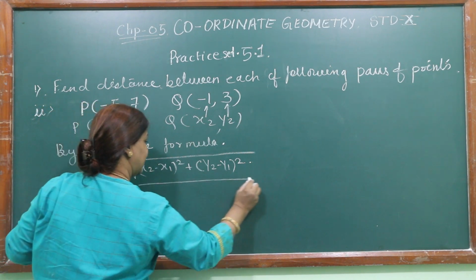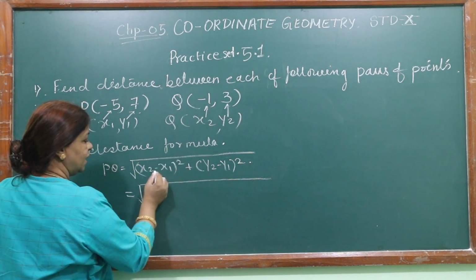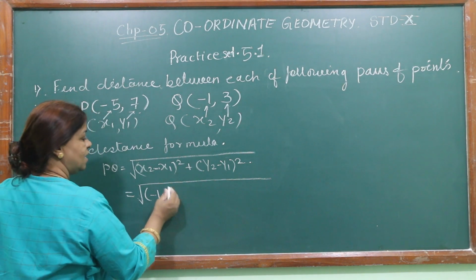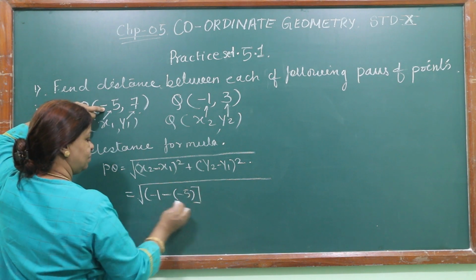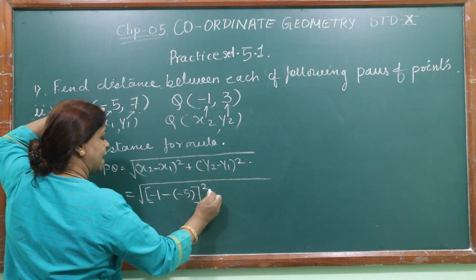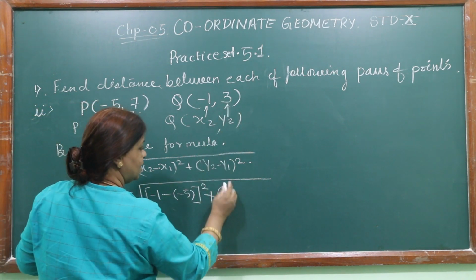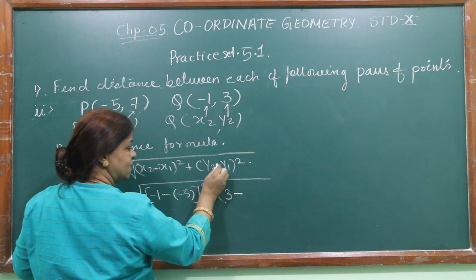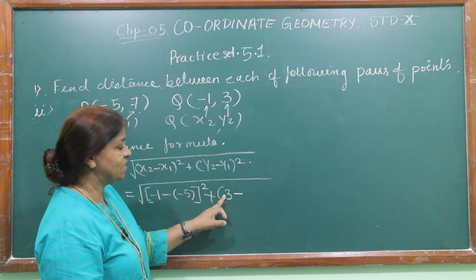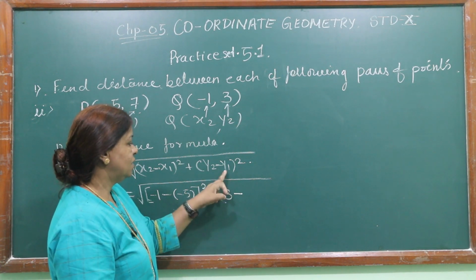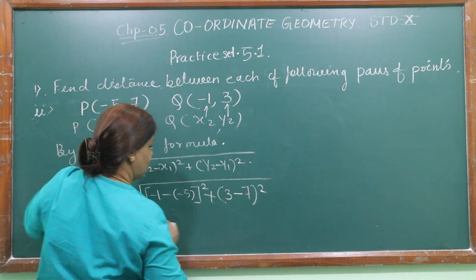Under the root, again let me write it, x2 is minus 1, bracket, minus 1. Then what is there? Minus is there, no? So minus. And what is there? x1. x1 is what? Minus 5, square plus y2. y2 is how much? 3 minus. This is how we place the value, children. I have seen children are not able to place the value. See, we see y2 and then we place the value of y2. Then minus, then y1. y1 is how much? 7. And the whole square.